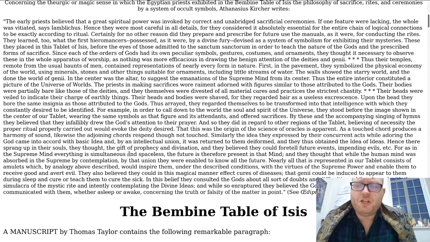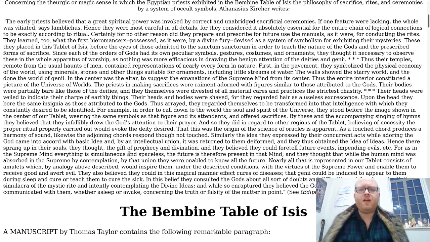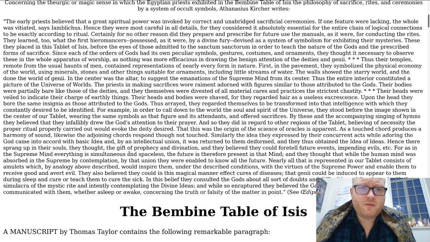Thus, their temples, remote from the usual haunts of men, contained representations of nearly every form in nature. First, in the pavement, they symbolized the physical economy of the world, using minerals, stones, and other things suitable for ornament, including little streams of water.